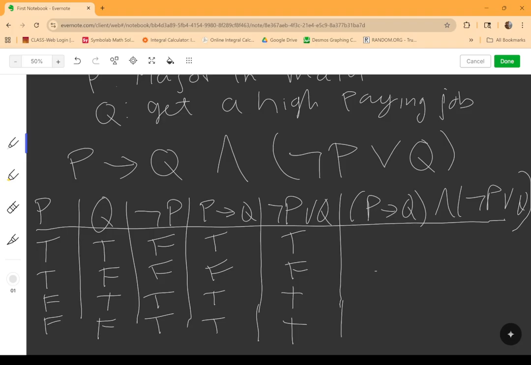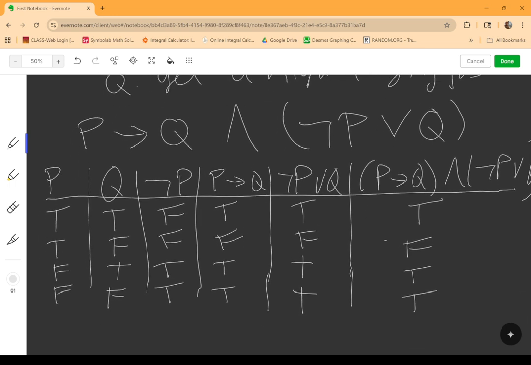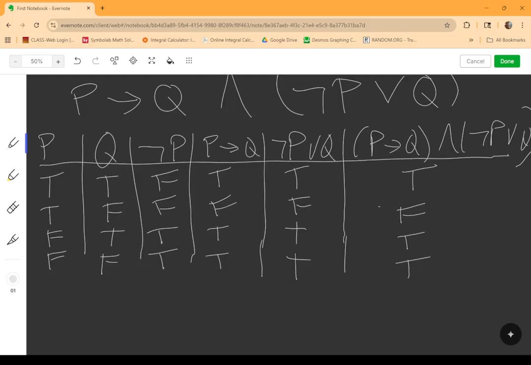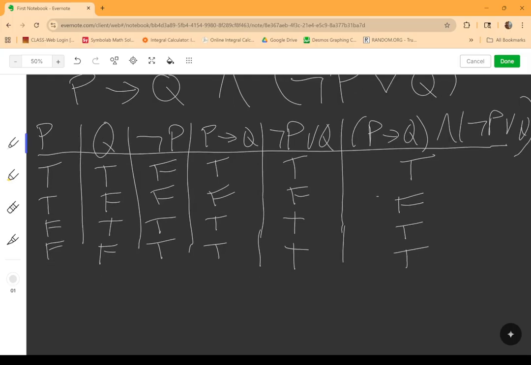Okay, so now for the next column, we're looking at the previous two columns and asking when they are both true. That is: the first row is true, the second row is false, the third row is true, and the fourth is true. Now we can see when this statement is true. It is true when you major in math and you get a high paying job.